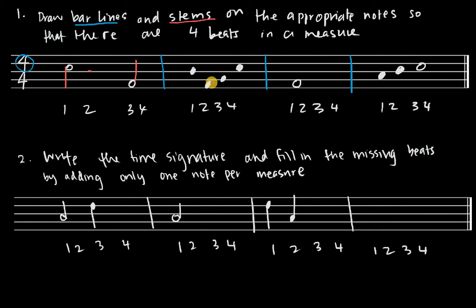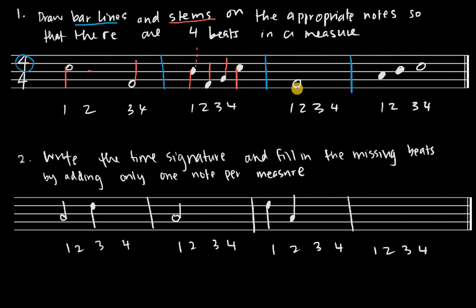Here we have a note for each beat, so that means that we have quarter notes. A middle line note, remember, can go up or down. So let's go down. But you can also go up, so I'll draw something like that. This one is also a quarter note. It goes up, the stem goes up, and the stem goes down here because it's above the third line.